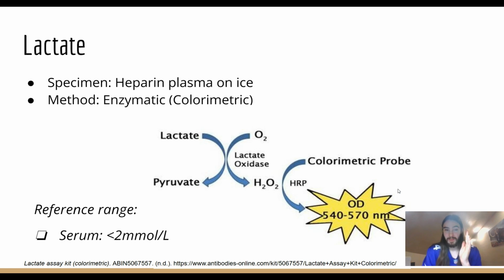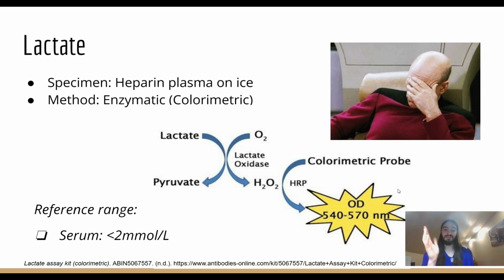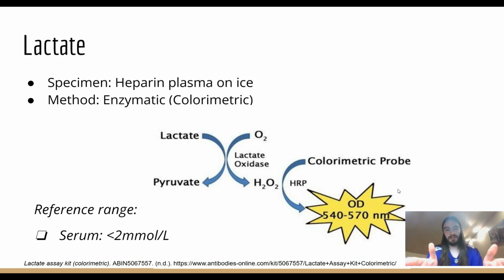It's also measured colorimetrically, enzymatically. It depends on the exact process of the colorimetric measurement, but ultimately it's colorimetric because you create a spectrophotometrically active compound. That's done through the same process the liver uses to turn lactate back into glucose, through lactate oxidase.